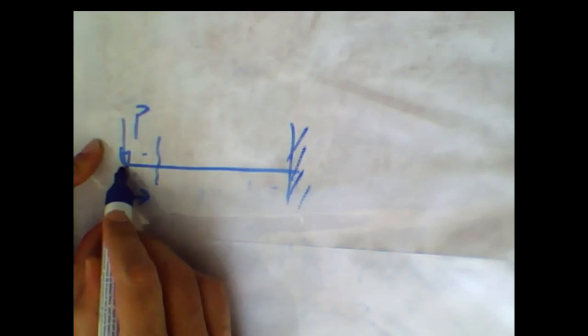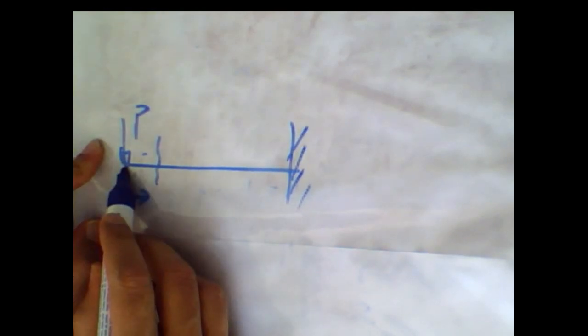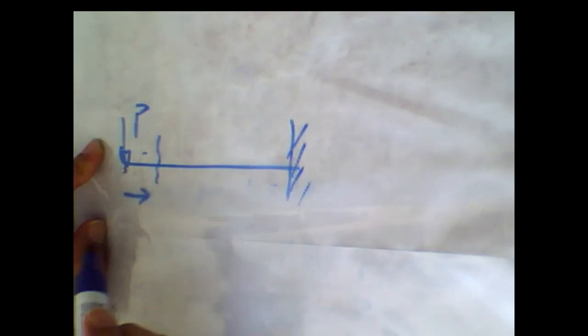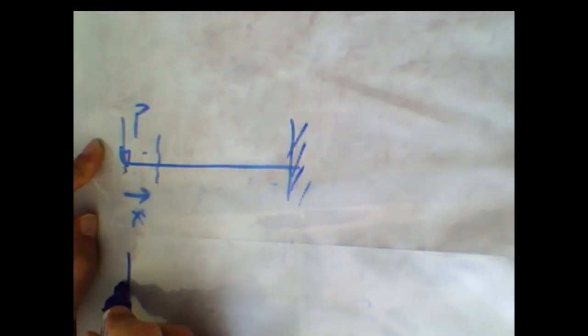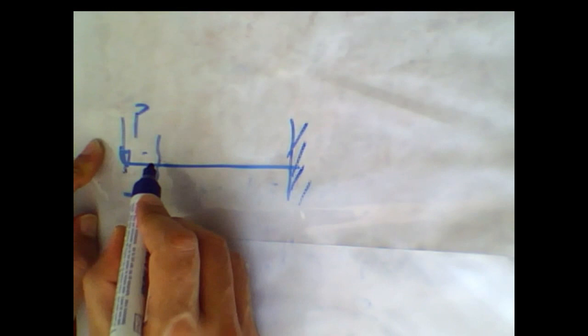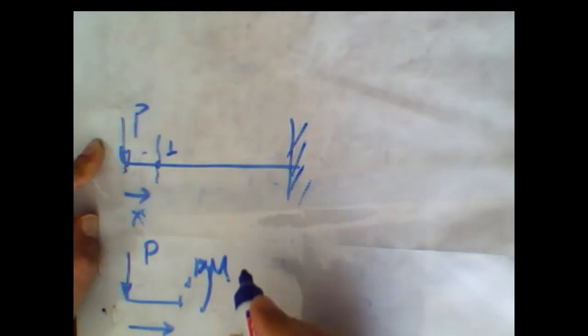The distance from the origin of the coordinates, starting from here, I measure as x. I am taking the left part. This is point 1, and this length is x. This is P. Also, for the internal effects, I call this moment M, in this direction from statics.